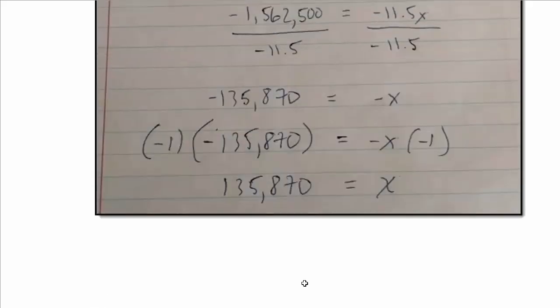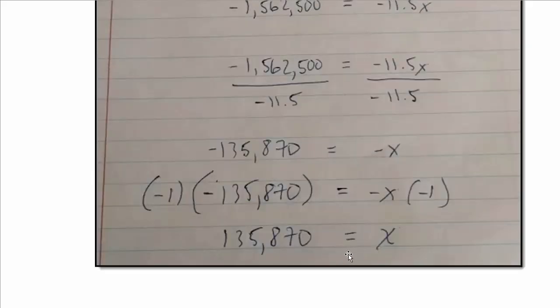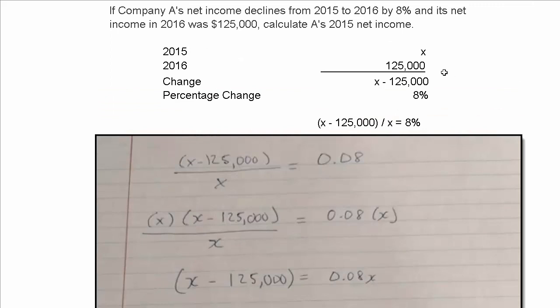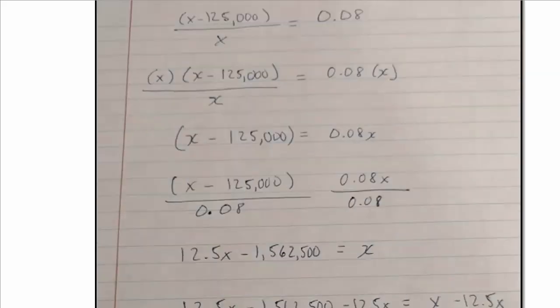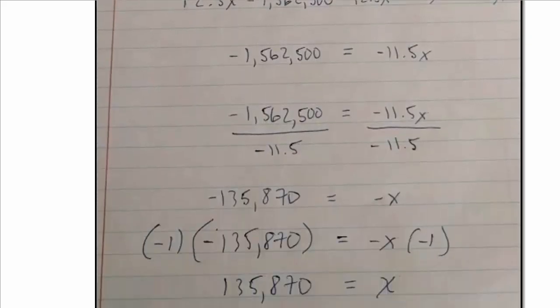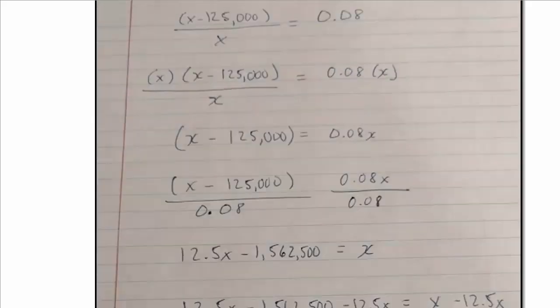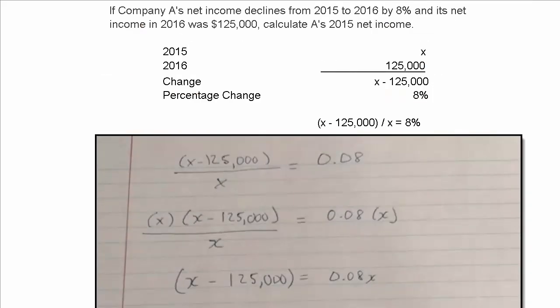Oh, slid off the screen there. Equals x. Okay? And that's how we solve this one. So we now know that the answer for 2015 income was $135,870. Okay, hope you found that helpful.